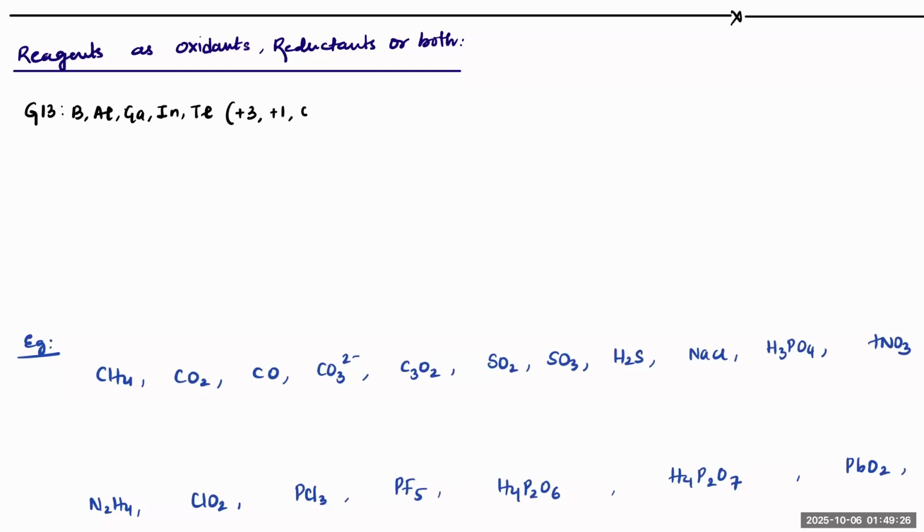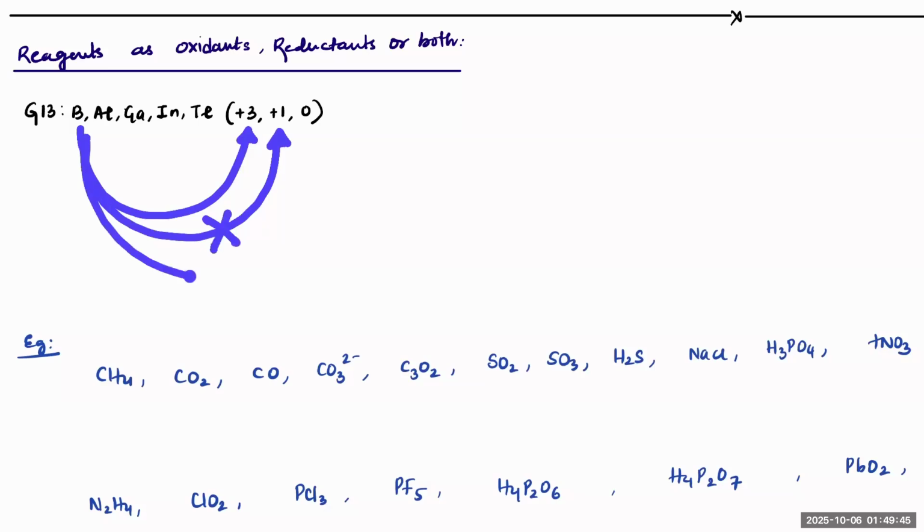These are the most common ones which you will notice. So boron can convert into +3. It can convert maybe to +1, but very rare. But otherwise, it will exhibit 0.